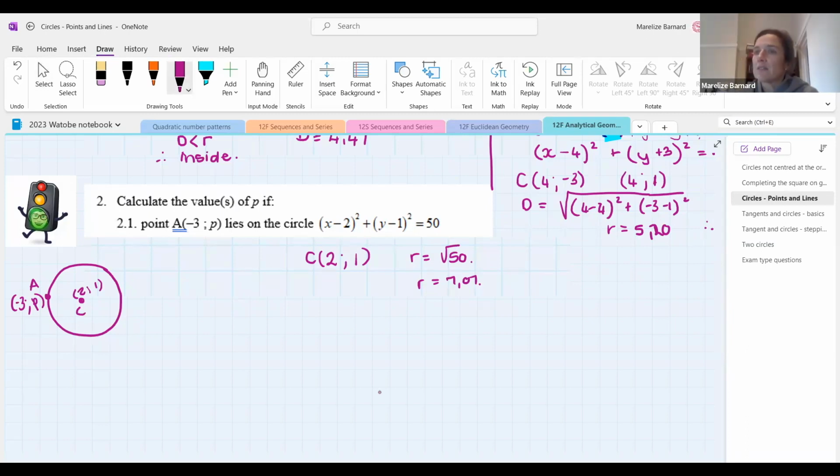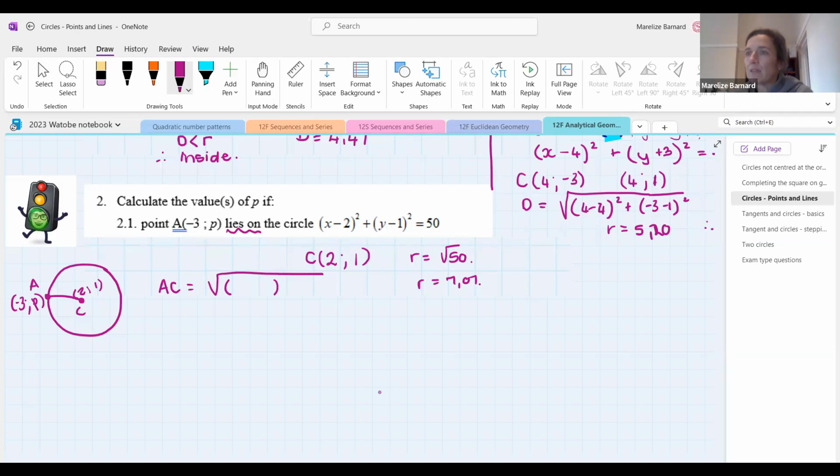So if we look at our distance formula, and if we know that this point lies on the circle, then the distance from A to C must be the same distance as the radius. So distance of AC, let's just start by putting in the things that we have.